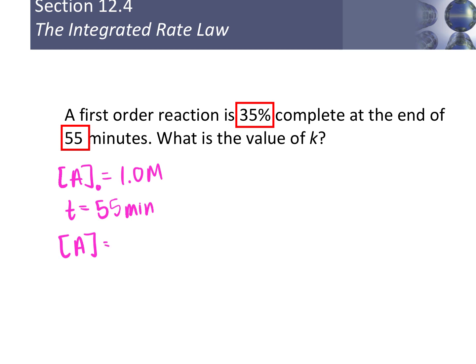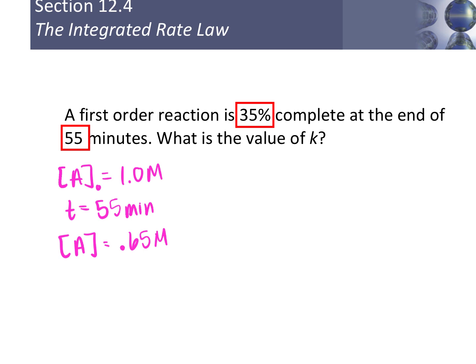If 35% of it is gone, then what's left? 65%, which would mean my final concentration is 0.65 molar. Do you see how I kept that ratio intact? You can choose any arbitrary numbers to go in here as long as you decay 35% of that, right? You take away 35% of it. So I just picked numbers that it was easy to take away 35% of. You could choose any numbers that you want.